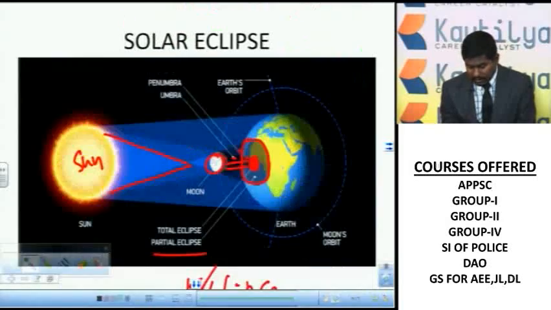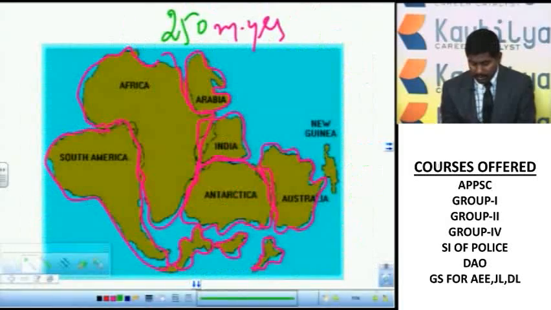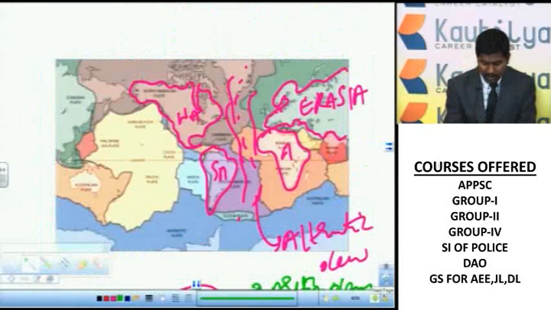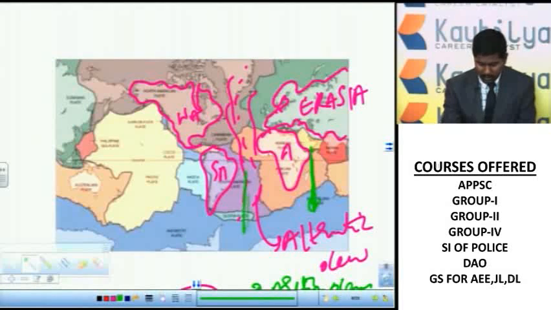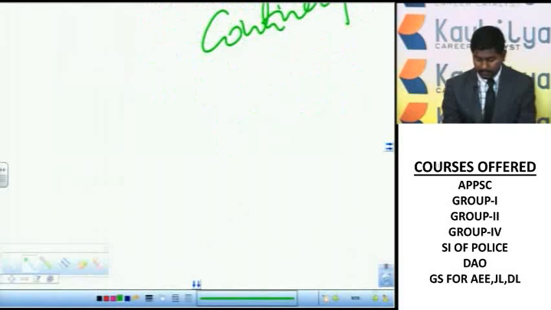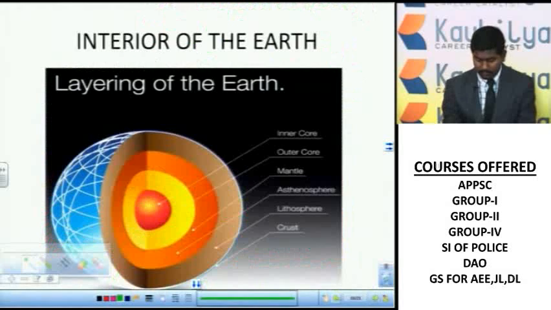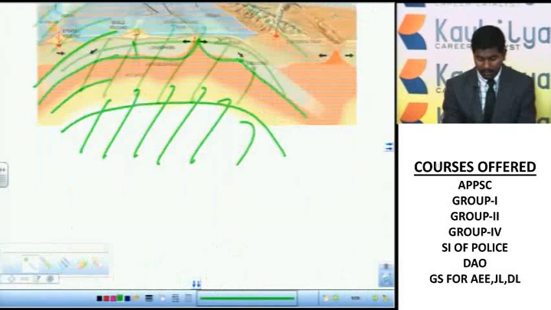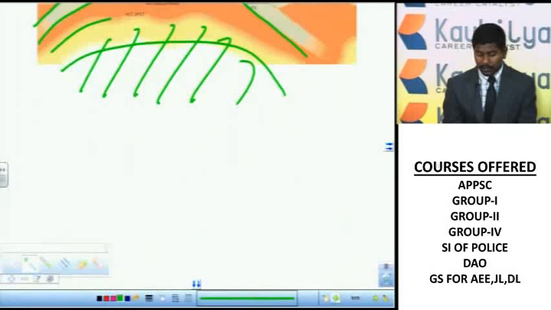After the formation of these continents and oceans, the waters of the Indian Ocean, the Atlantic Ocean, and the Pacific Ocean are combined together.